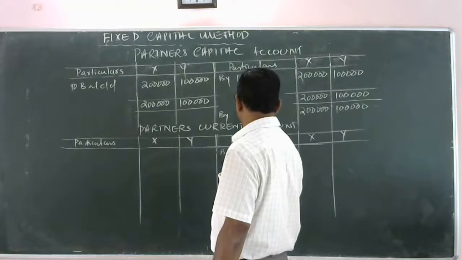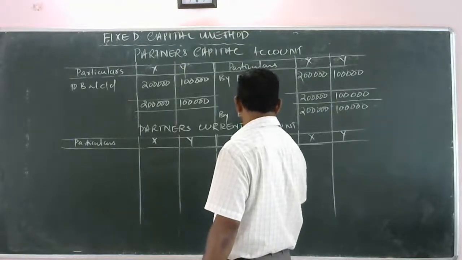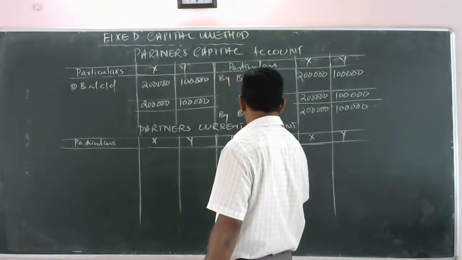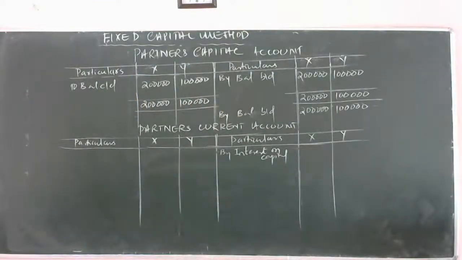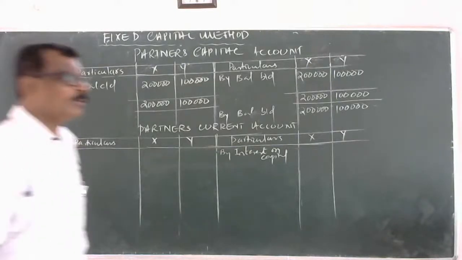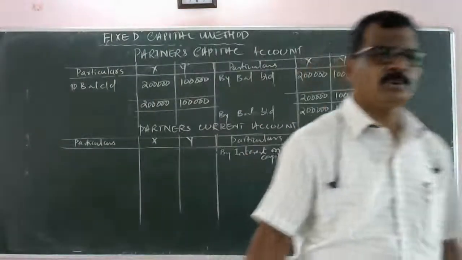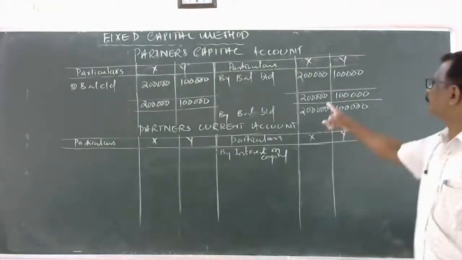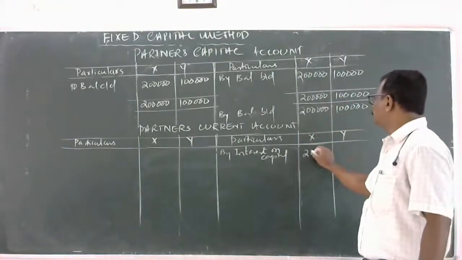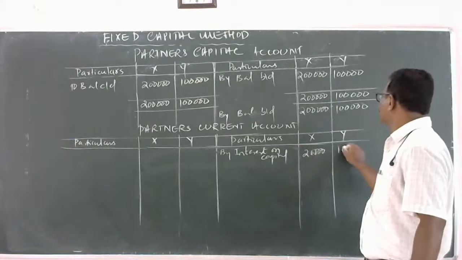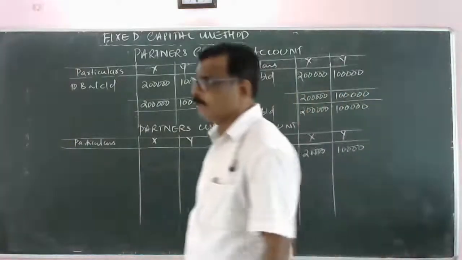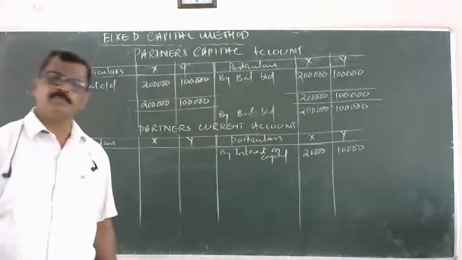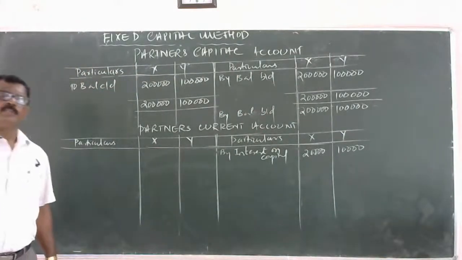ಇಂಟ್ರೆಸ್ಟ್ ಆನ್ ಕ್ಯಾಪಿಟಲ್ is what you have to calculate here. Interest on capital for the partners at the rate of 10% on opening capital only. In this case, 10% on opening capital means 20,000 and 10,000: 10% on 2 lakh is 20,000, 10% on 1 lakh is 10,000, right?